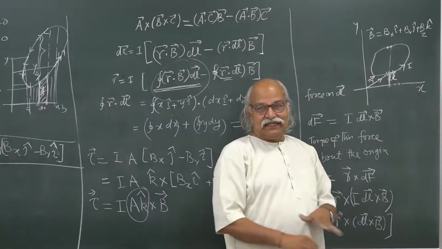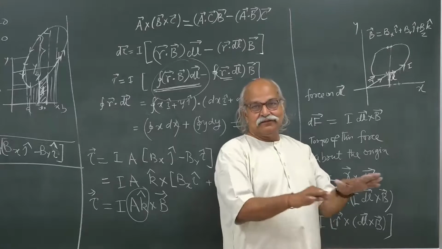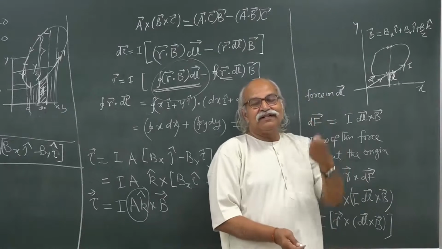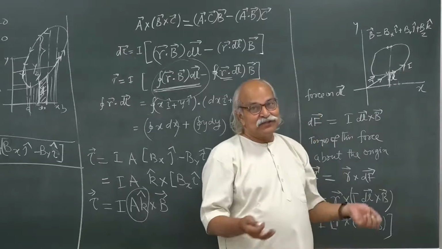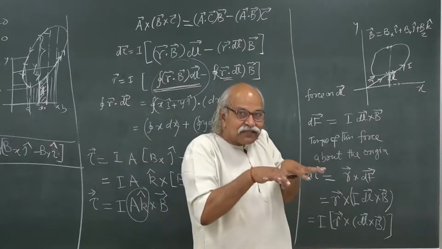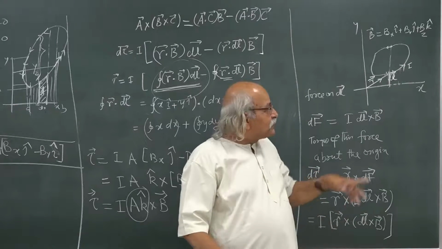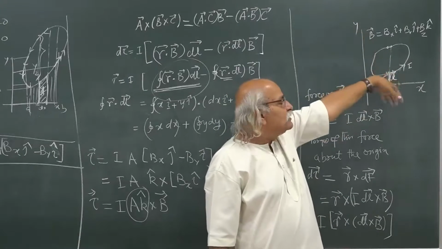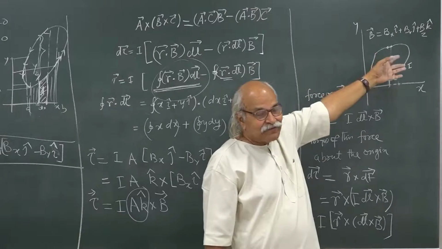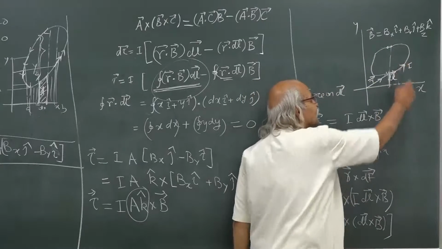If it is a plane area, very simple. You just take the perpendicular, the area vector will be along that perpendicular and the magnitude will be equal to the actual magnitude of the area. But the perpendicular could be in this direction or in the opposite direction. Which one? This arrow will decide.